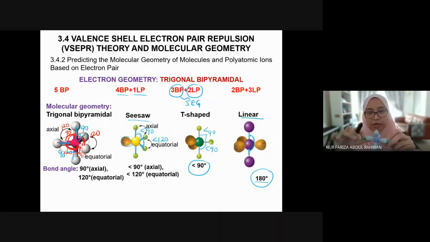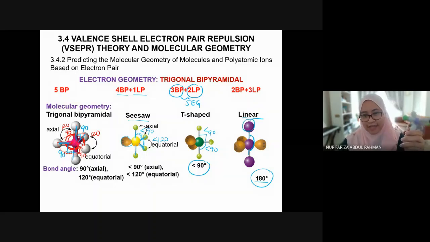Okay, so dia bukan 180, but normally if you were to represent the equatorial and axial, kita akan represent the angle of equatorial and axial. Okay, normally equatorial dengan axial. Kita tak go beyond, maksudnya from axial to axial, unless we are left with this atom saja.